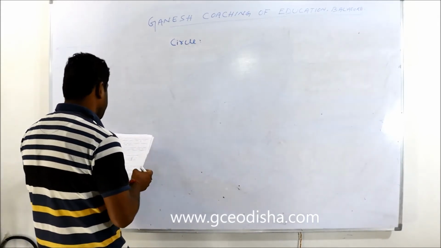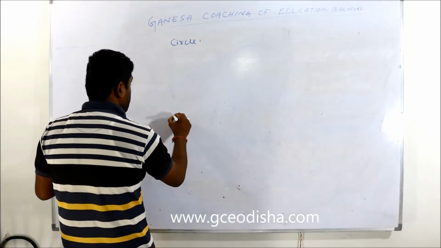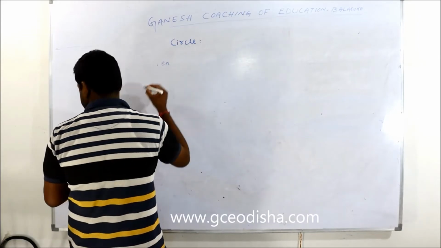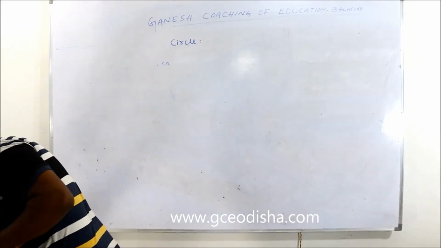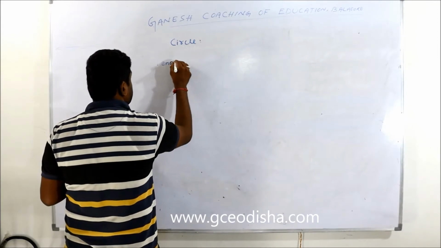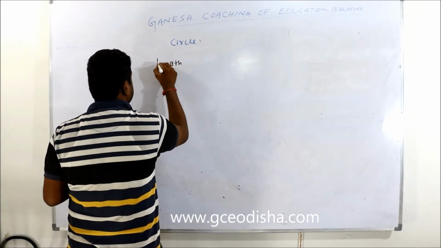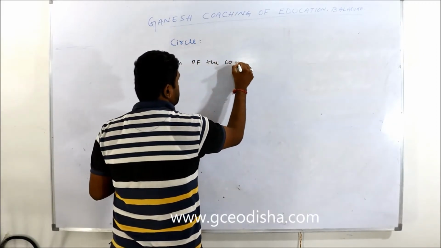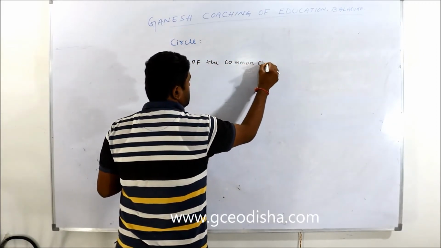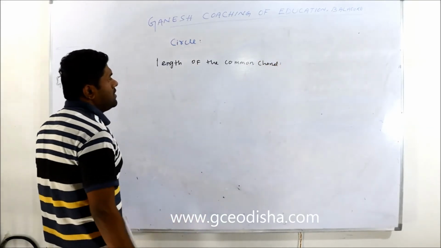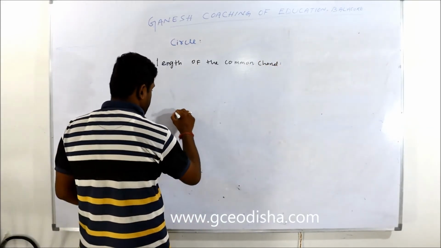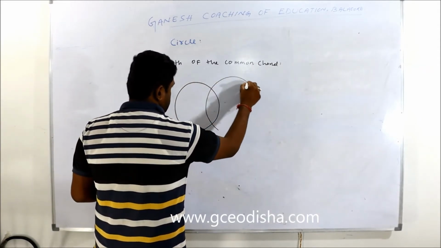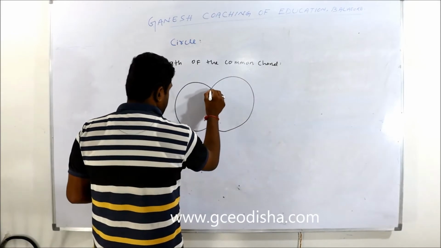Okay, another concept is there, like length of the common chord. Length of the common chord generally means that like this is a circle, and this is a circle. They meet.